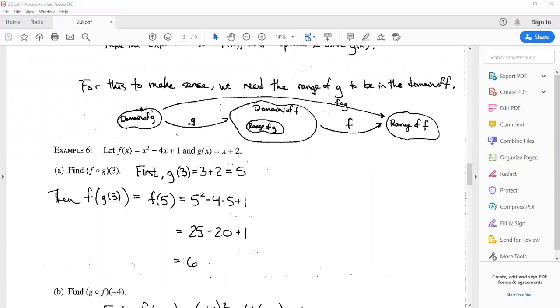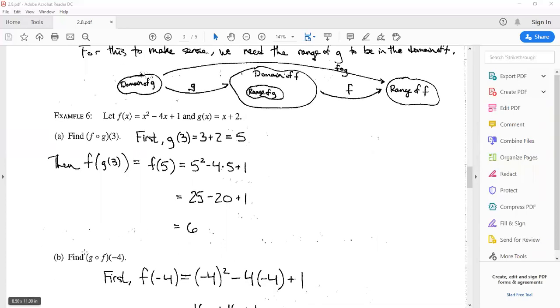Okay, we could go backwards sometimes. Not all the time, but this time we can. So g of f now, let f be the inside function. So we'll find g of f of minus 4. First, the inside function is now f, so we'll evaluate f of minus 4. We get minus 4 all squared minus 4 times minus 4 plus 1.